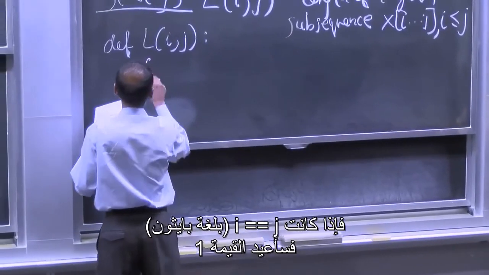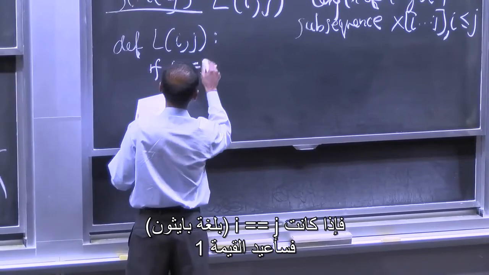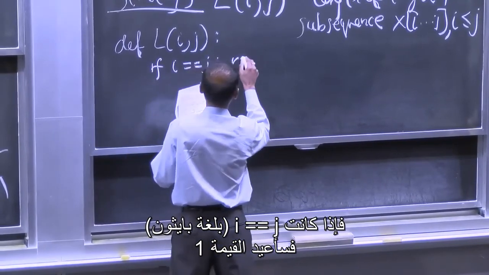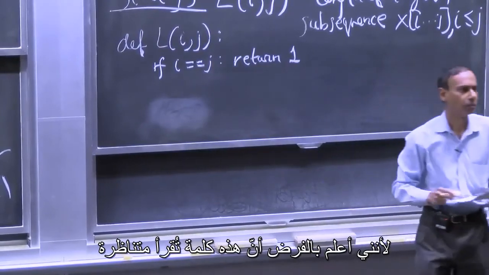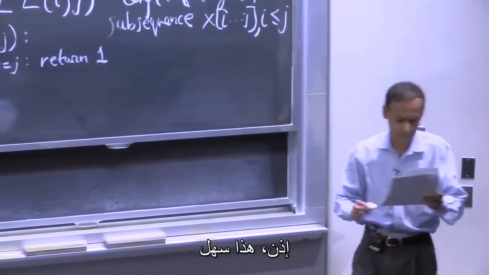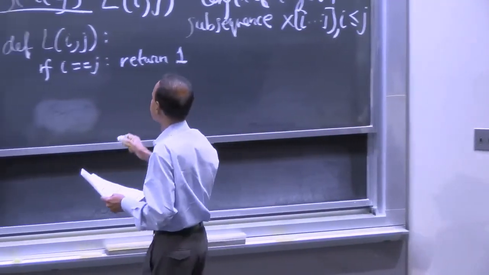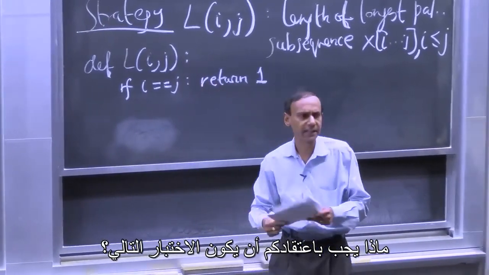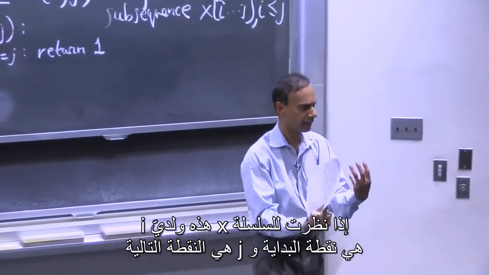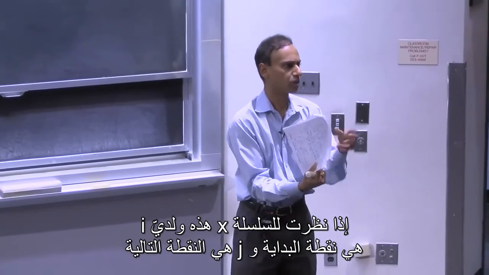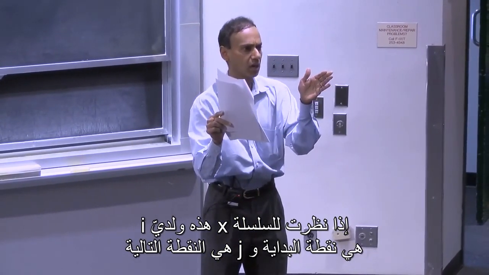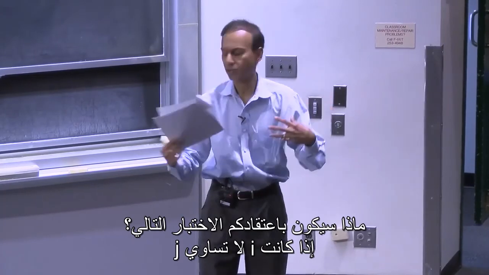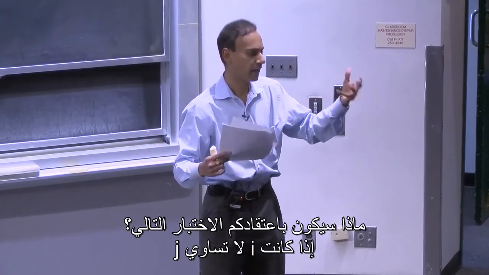So if i equals j, then I'm going to return 1 because I know that that's a palindrome by default. So that's easy. And what do you think the next check should be? If I look at this x sequence and I have i as the starting point and j as the next point, what do you think the next check is going to be once I have, if i is not equal to j?